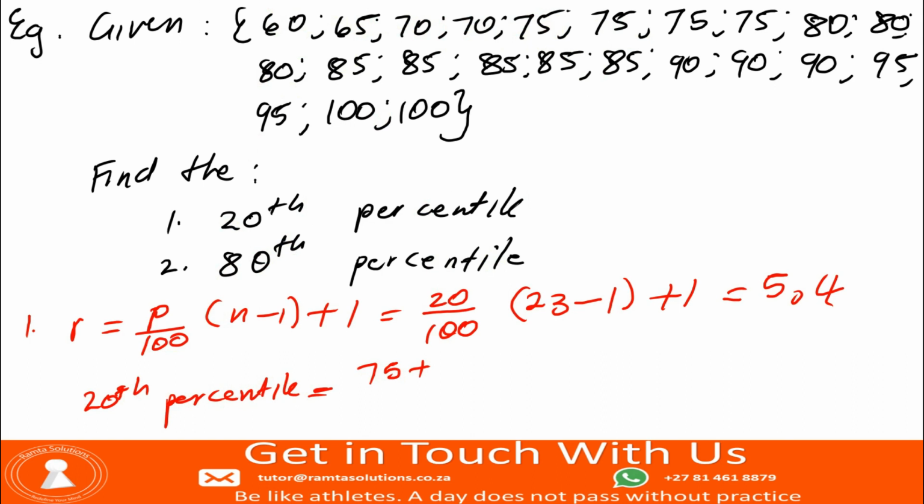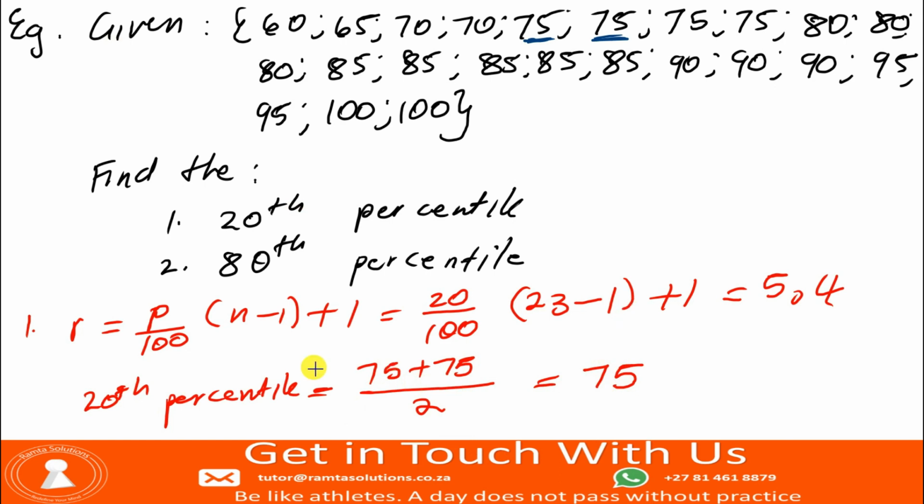It's this value here and this value here. Their average is 75 plus 75 all over 2. That is 150 over 2, which is 75. So the 20th percentile is 75. This is how you find it.